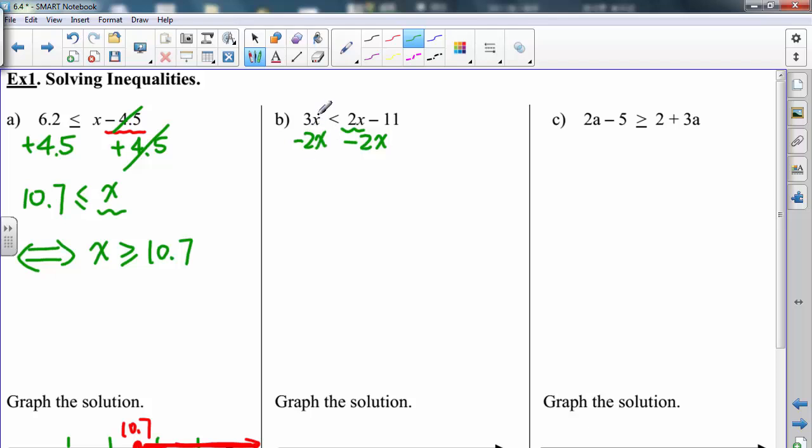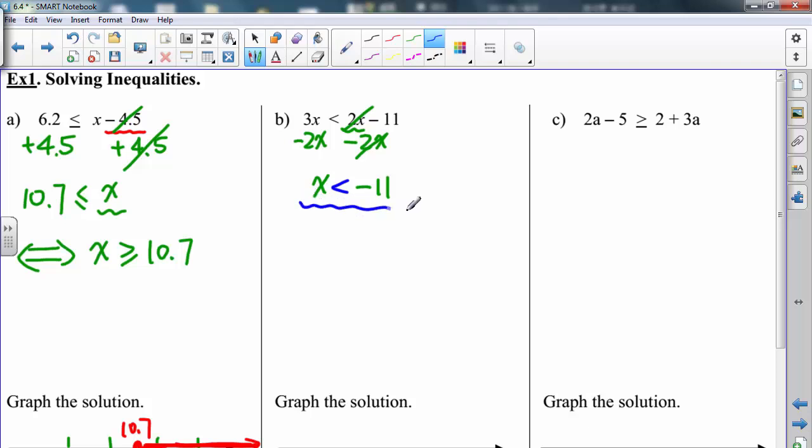On the left side, it's 3x minus 2x, so we have x left. On the right side, positive 2x, negative 2x, they get cancelled out. I only have negative 11 left. Since I subtract 2x from both sides, I can keep this inequality sign in the same direction.